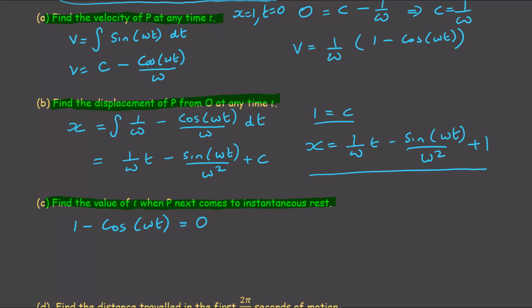So we want the next time that cos ωt is equal to 1. And that would mean that ωt is equal to 2π. Cos of 2π is equal to 1. And so t would be equal to 2π divided by ω.